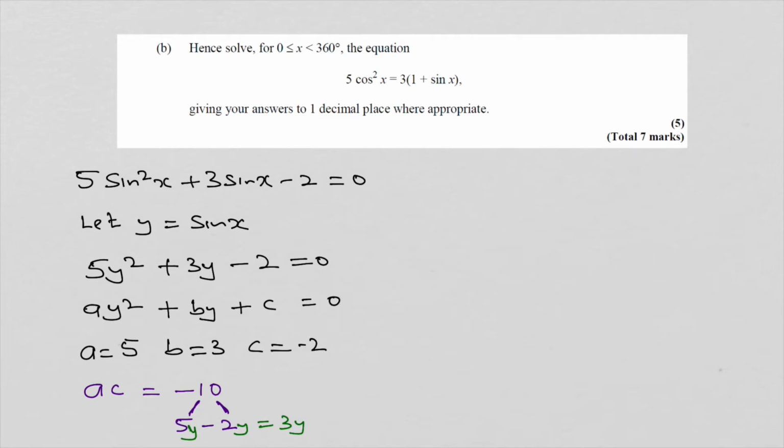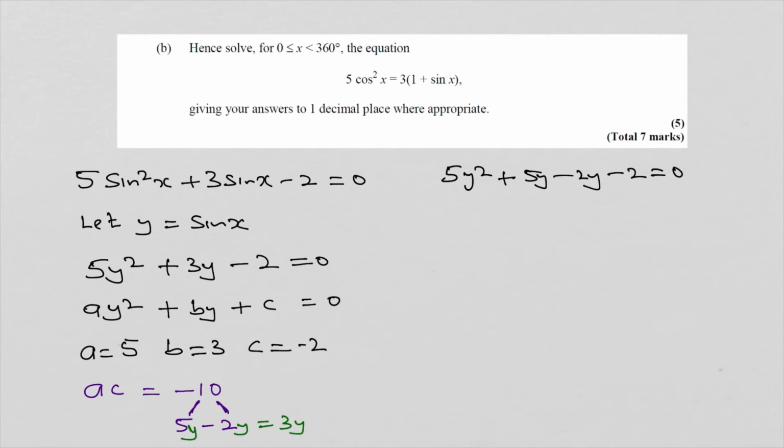So what I need to do is replace 3y here with 5y minus 2y. So I get 5y squared plus 5y minus 2y, that's still 3y, minus 2 equal to 0.